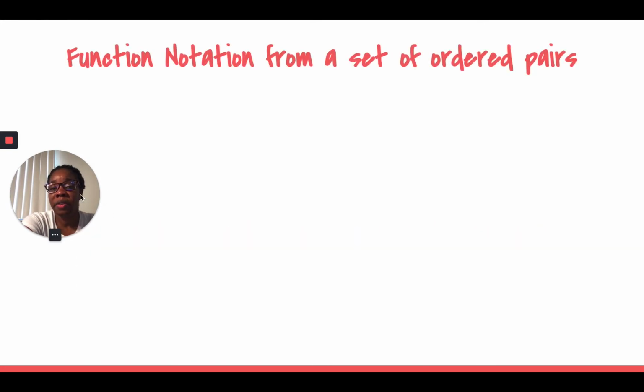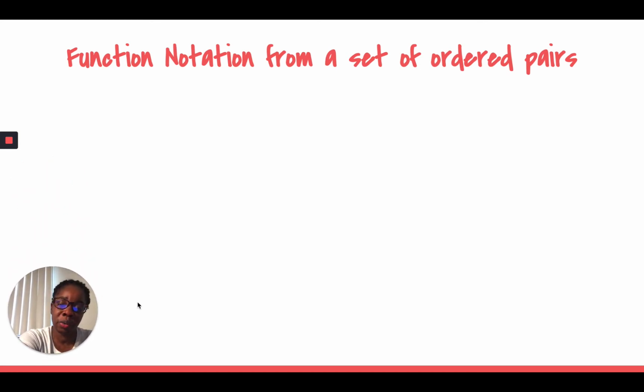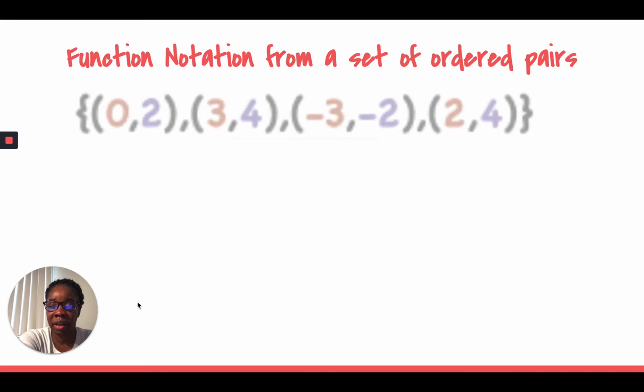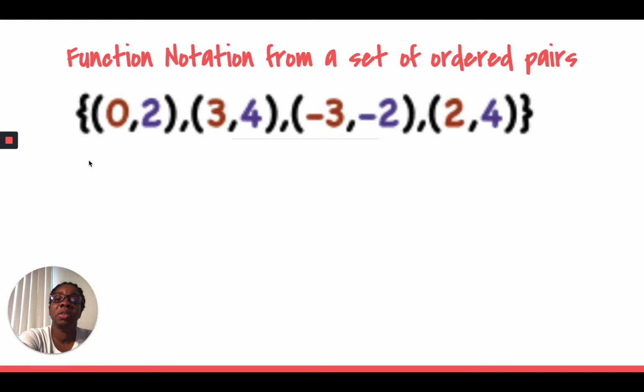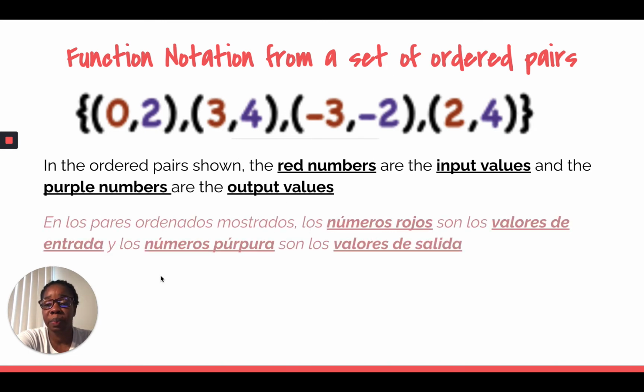So there are different representations of functions, and we're going to use those representations to write in function notation. So function notation from a set of ordered pairs. So for example, if you have a set of ordered pairs as seen here, in the ordered pairs shown, the red numbers are the input values and the purple numbers are the output values.